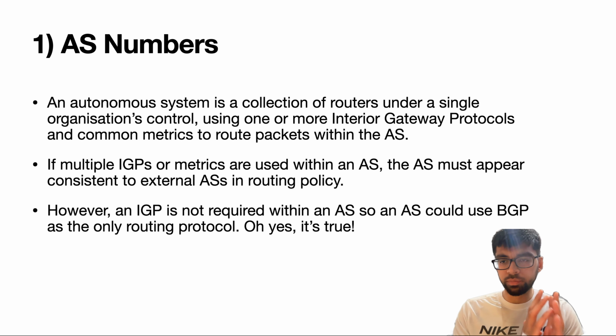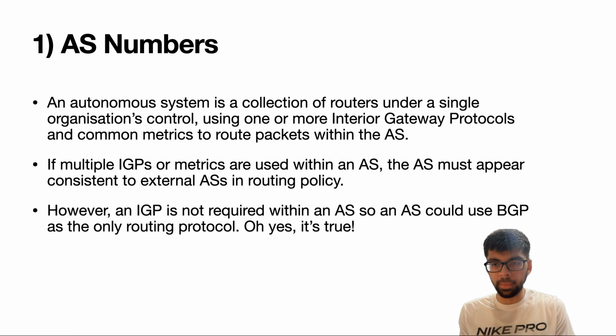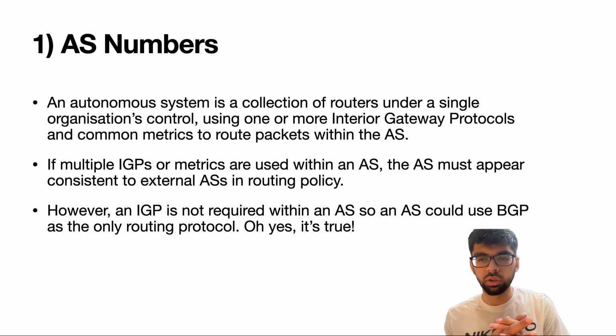Starbucks is global, a worldwide coffee chain, so they could have many autonomous systems for the different countries they're in. For example, in Hong Kong they'll have an autonomous system, and for the United States they might have several, and in France they might have their own autonomous systems. But basically, it's a collection of routers under a single organization's control.